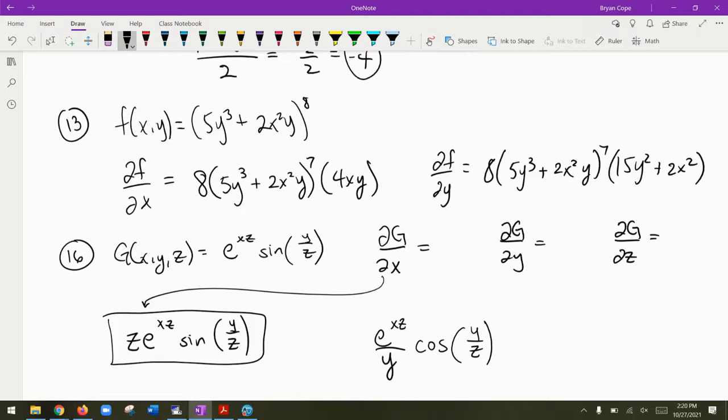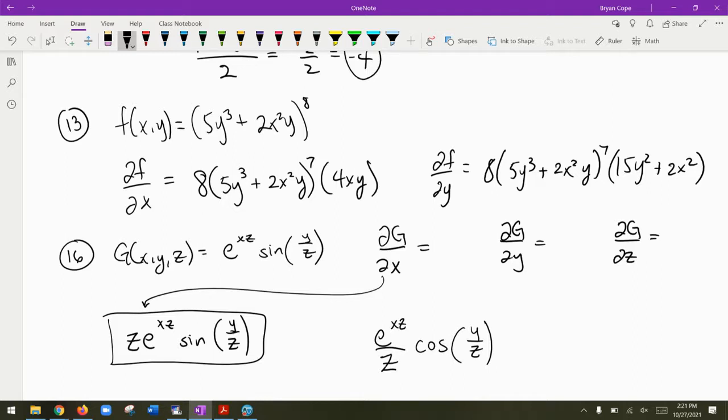The cosine of y over z times the inner derivative of this, that's where he gets the 1 over z. So, cosine of y over z. Okay, and then the last one.